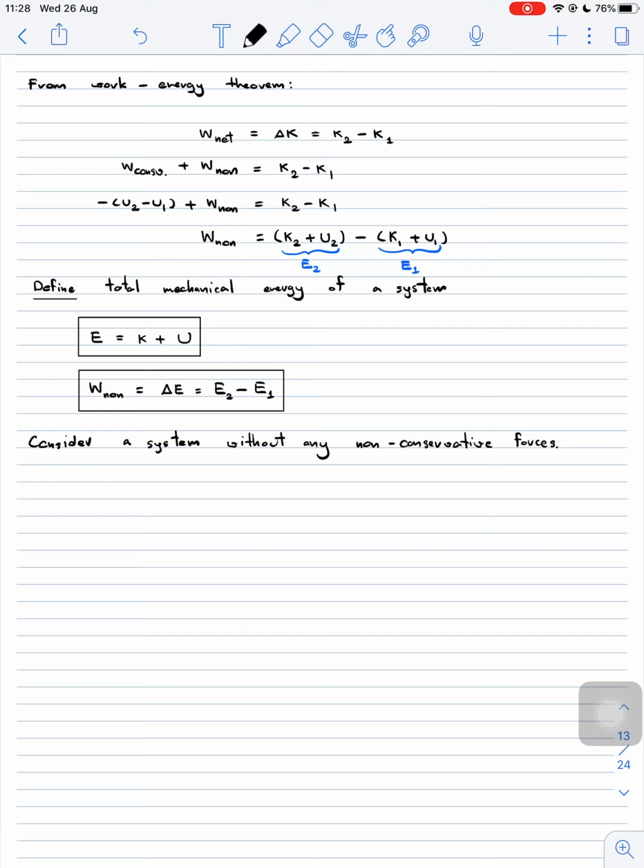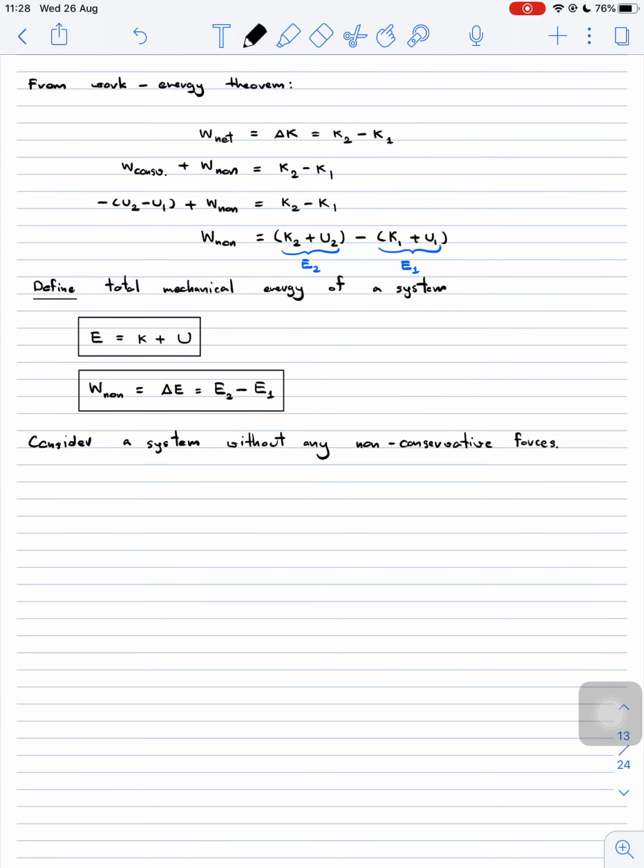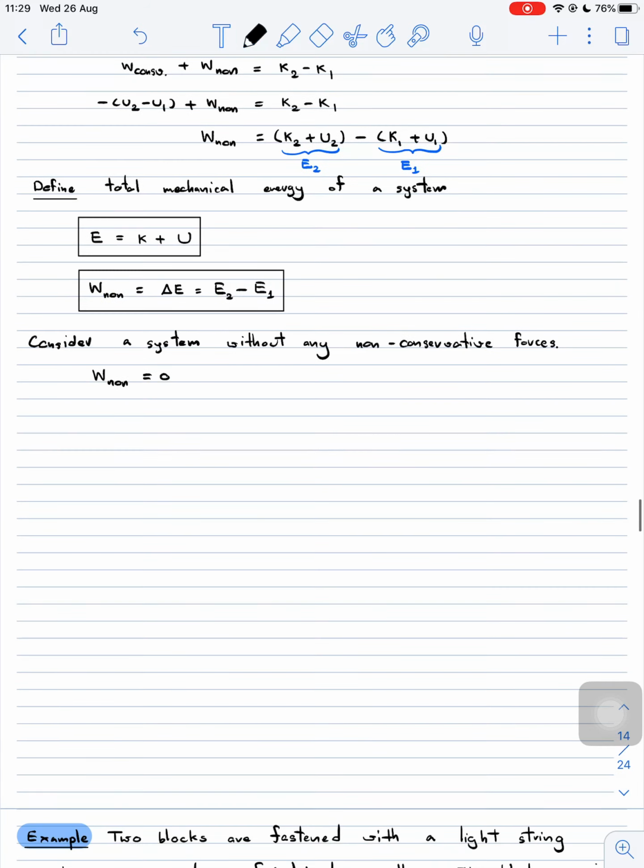It means that we don't have air resistance, we don't have any friction, and we don't have any pushing or pulling force on the system. Then the work done by the non-conservative force must be equal to 0. So if this is equal to 0, it means that E1 must be equal to E2.